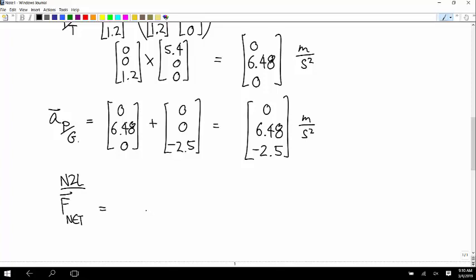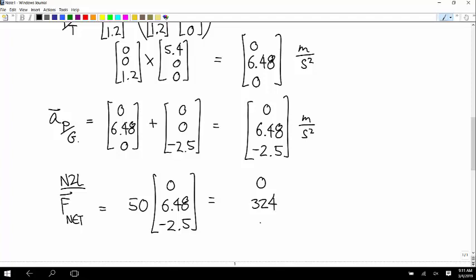So the mass of the person is 50, so 50 times this acceleration: 0, 324, and negative 125 newtons.